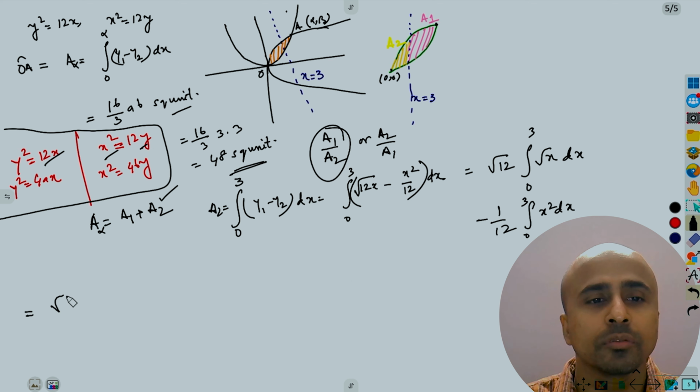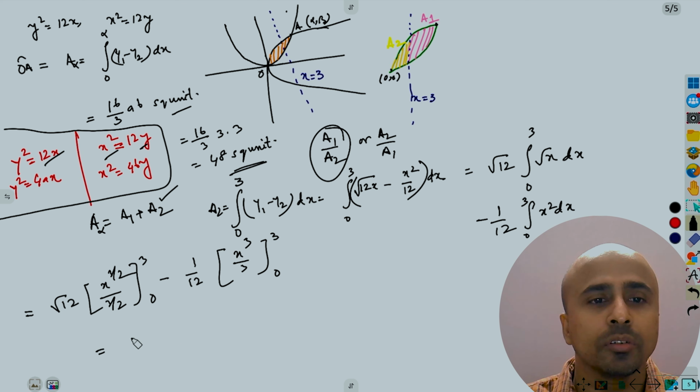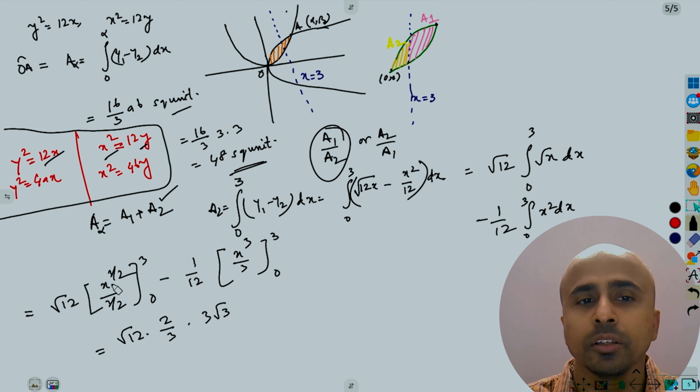Yeah, simplifying, x to the power 3 by 2 divided by 3 by 2, 0 to 3, minus 1 by 12 times x cube by 3, 0 to 3. Yes, so this is basically square root of 12, 2 by 3 times 3 root 3, because 3 to the power 3 by 2 is 3 root 3, minus 1 by 3 times 12. In the numerator we have 3 cube.